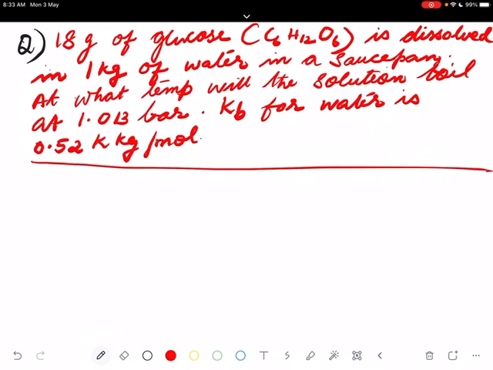So at what temperature will the solution boil?